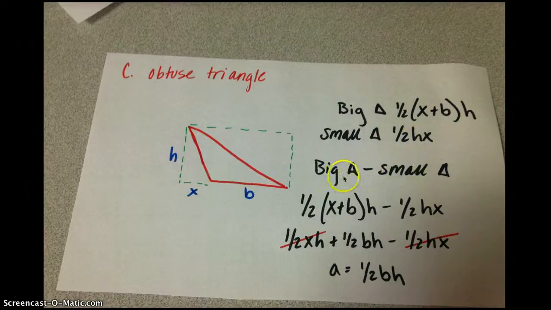I subtracted the two, big triangle minus small triangle, to get half times (x plus b) times h minus half times h times x, and then I distributed this portion right here. So then I got half x times h plus half b times h minus half h times x, and since these two will cancel each other out, that leaves you with the area that is half times base times height.